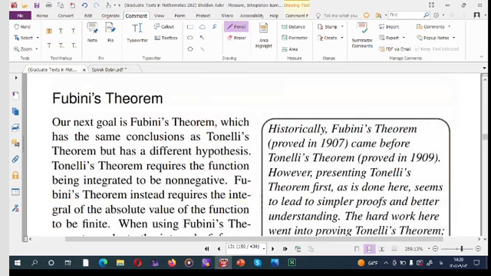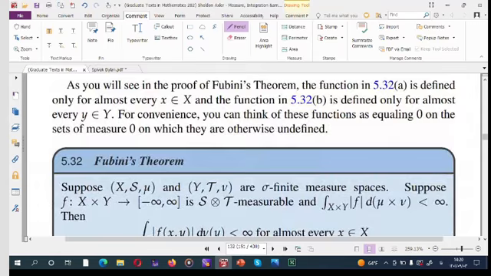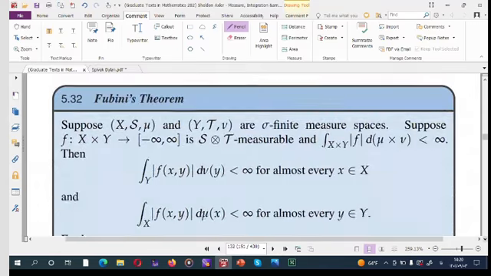And next we have Fubini's theorem. That is a very important theorem. Suppose (X, S, mu) and (Y, T, nu) are sigma-finite measure spaces, and suppose f from X times Y to minus infinity, plus infinity is S tensor T measurable. This function is measurable with respect to the product sigma algebra.